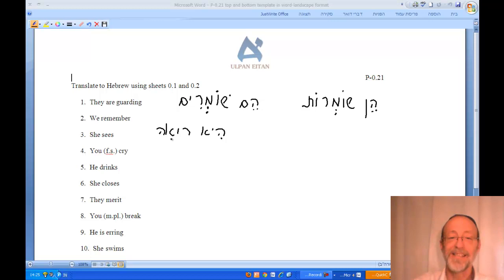And if I was presenting this to the teacher, to show you that I've done the assignment, I would expect, if I wanted to show the teacher I really know how to read that word correctly, even though it's a little vague without any vowels on it, I could put in a T-bar vowel underneath the aleph, and there it is. He ro'ah. And that's the beginning of our creating phrases, and you can work up and down the page.